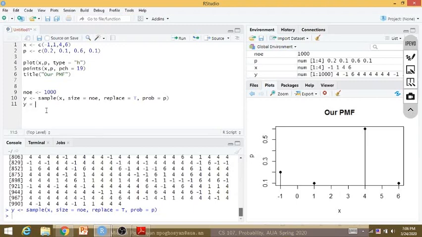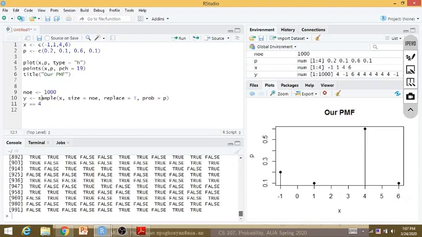If I write Y == 4 with two equality signs, R checks each element of the 1000-dimensional vector Y and gives either true or false: true if the corresponding coordinate is equal to 4, and false otherwise.